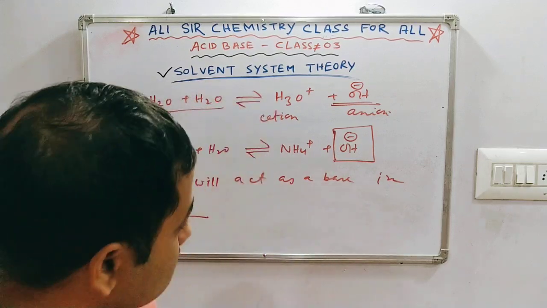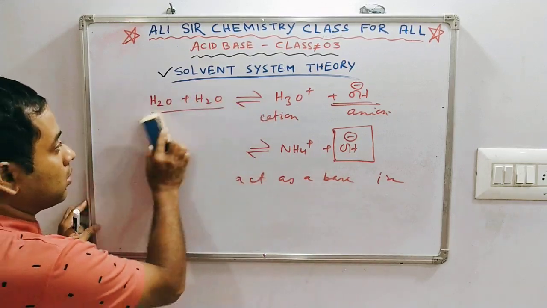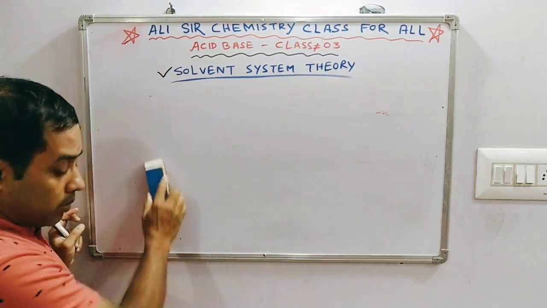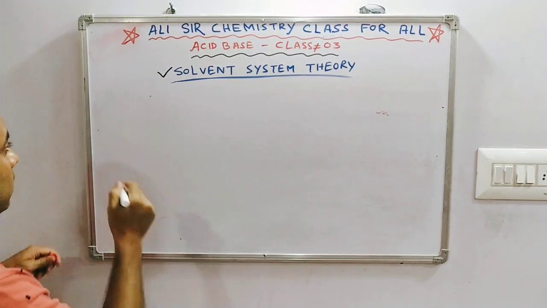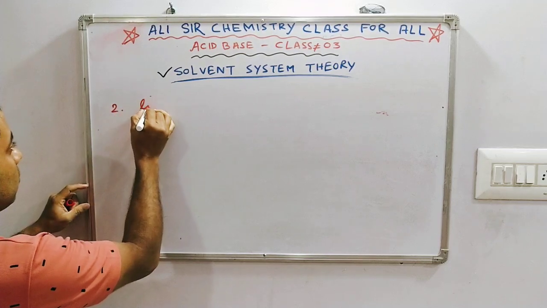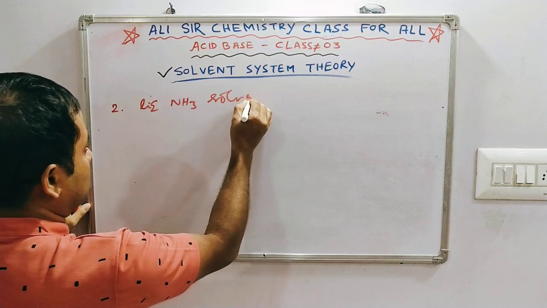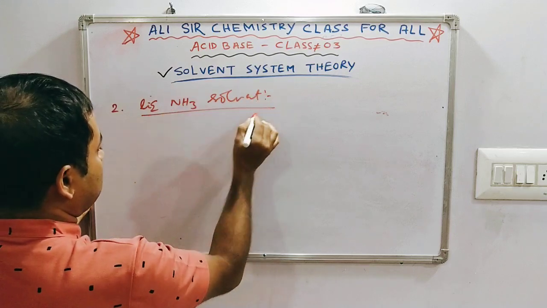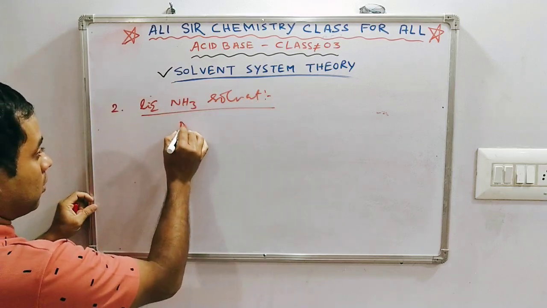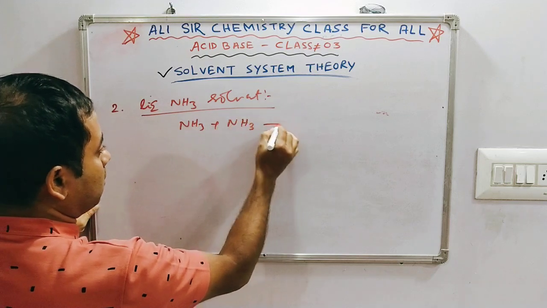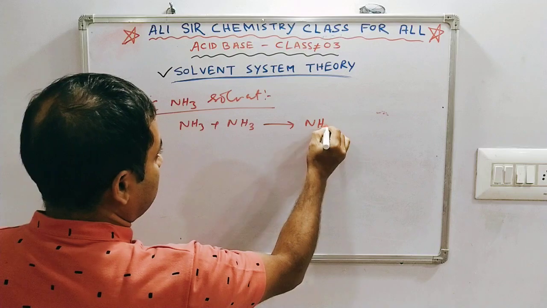Now moving to another solvent. Another important solvent is liquid ammonia. Number 2, liquid ammonia solvent. This is also auto-ionized to NH4 plus and NH2 minus.